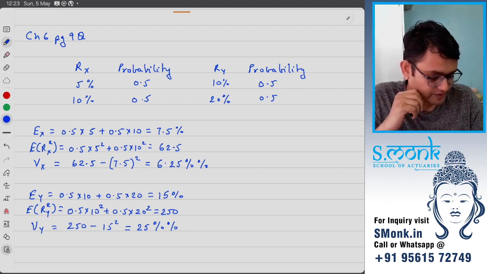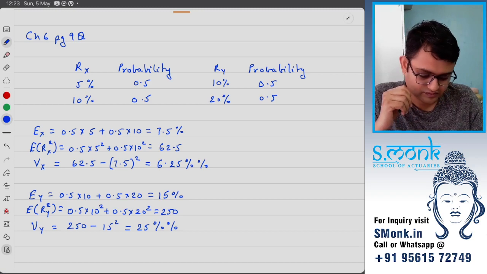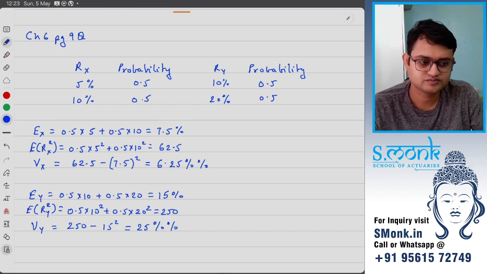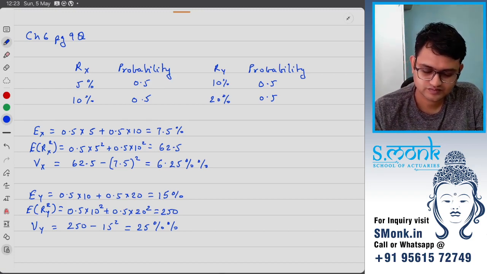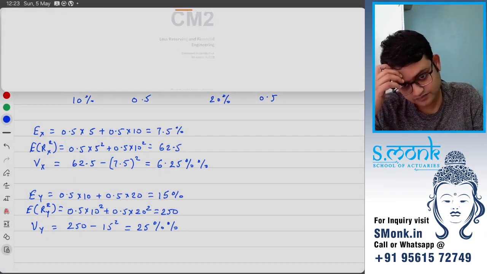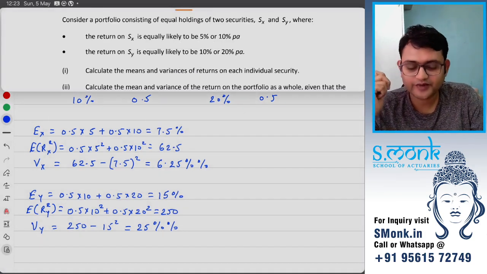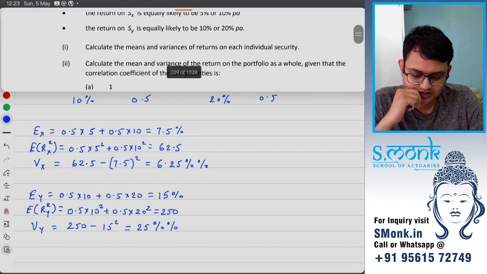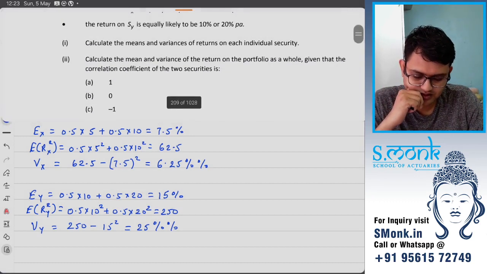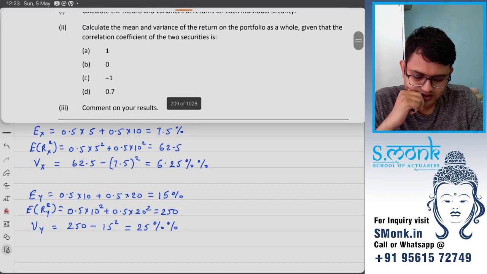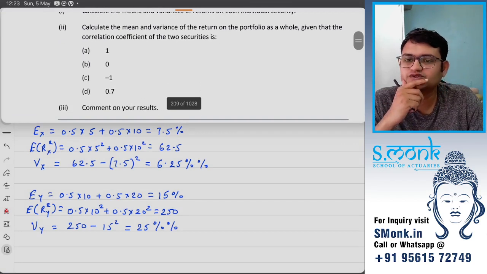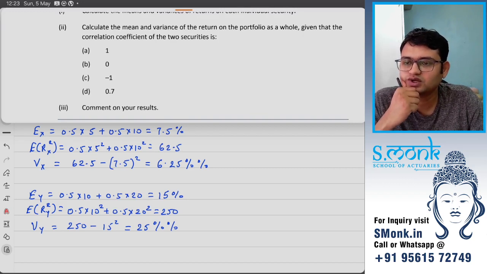Any problem here? Second part says calculate the mean and the variance of the return on the portfolio as a whole, given that the correlation coefficient of the two securities is this.